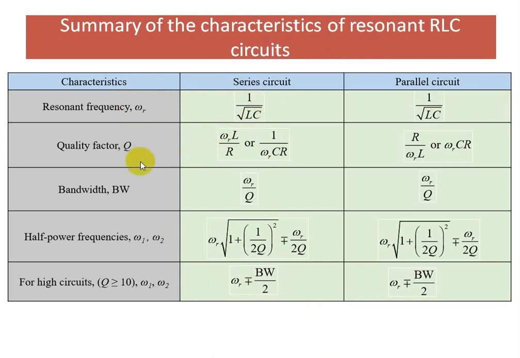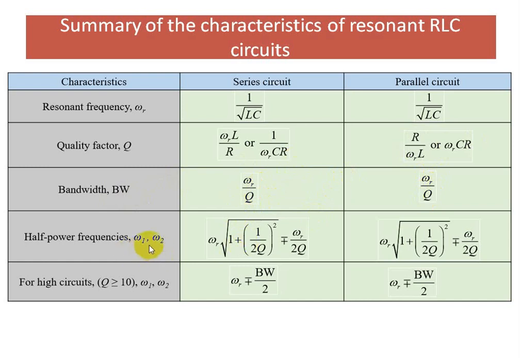The Q factor for a series circuit is omega r L by R, or 1 by omega r C R. Whereas for a parallel circuit, it is the inverse of this, that is R by omega r L or omega r C R. Bandwidth, in both cases, is omega r by Q, but Q is different for series and parallel circuits.